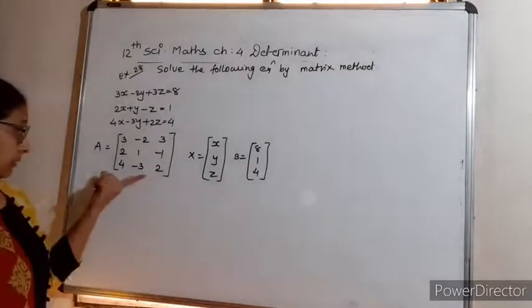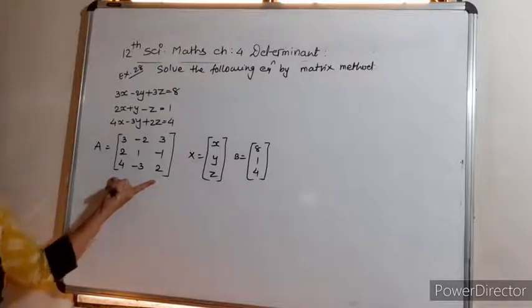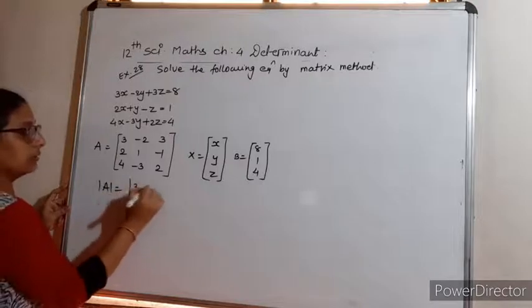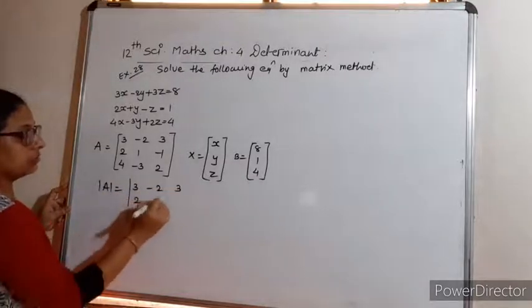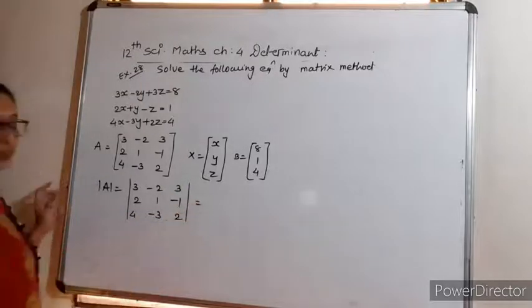Now, first of all we have to find the inverse of A. For that, we will find the determinant of A. 3, minus 2, 3. 2, 1, minus 1. 4, minus 3, 2.